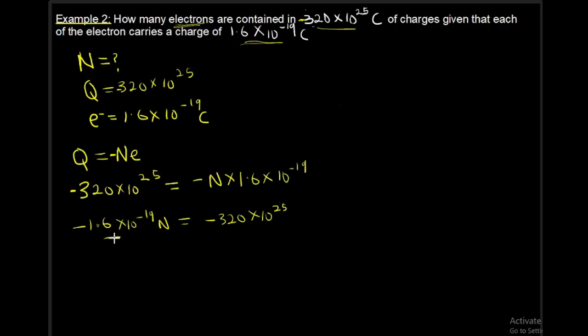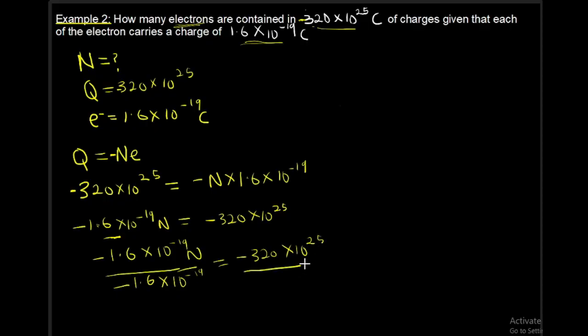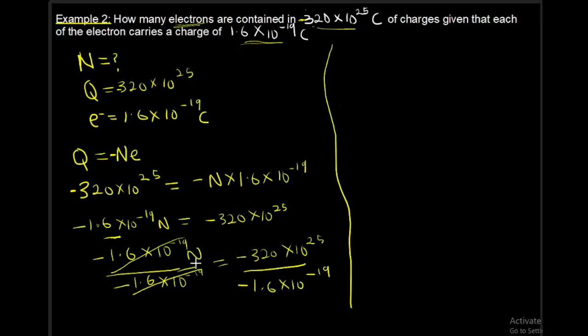So you divide both sides by this: minus 1.6 times 10 raised to the power of minus 19 N all over minus 1.6 times 10 raised to the power of minus 19 equals minus 320 times 10 raised to the power of 25 over minus 1.6 times 10 raised to the power of minus 19. This cancels out the whole of this, and we'll be left with just N on the left hand side of the equation.